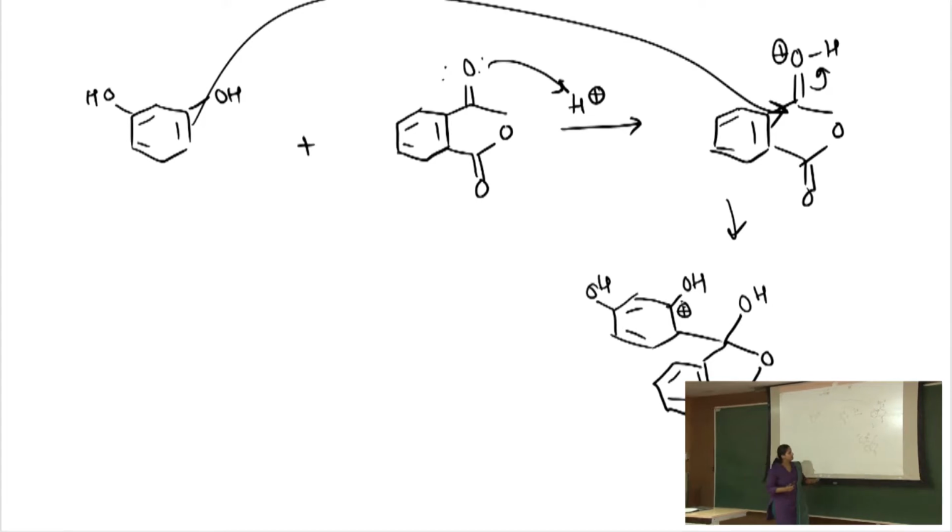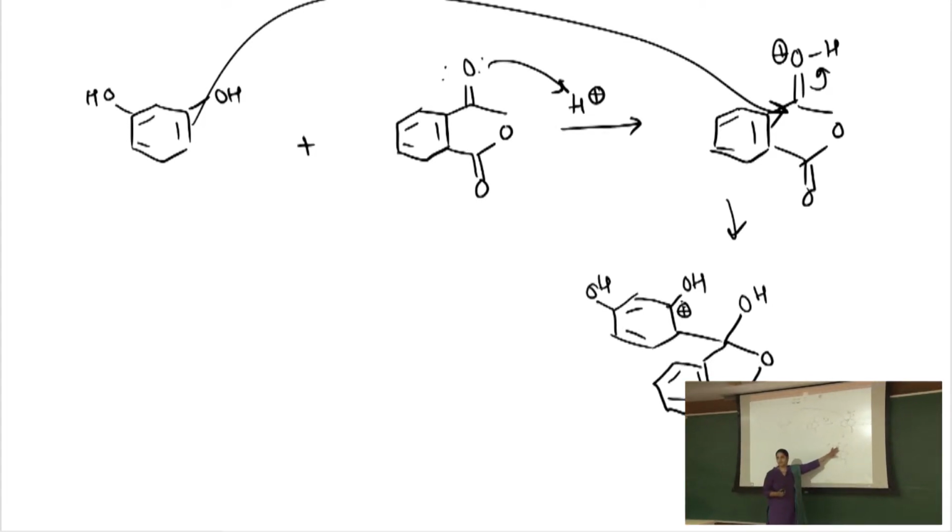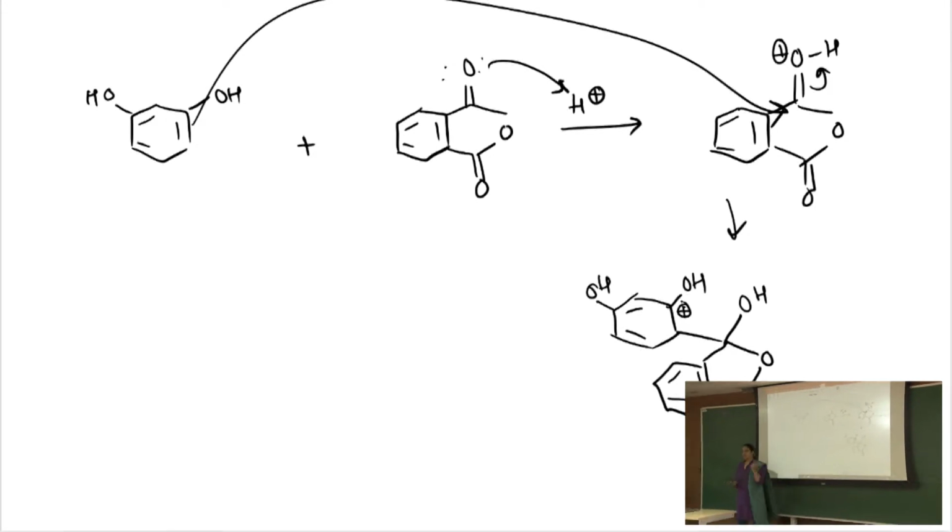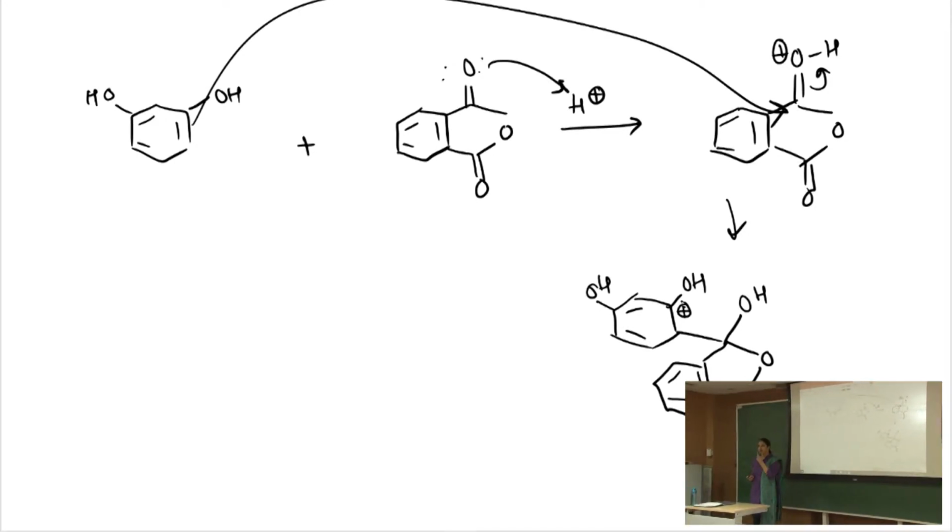So, there is a positive charge, right, which we do not like much, right. This is a non-aromatic system. So, from aromatic system we have gone to a non-aromatic, right. So, it is not good. It does not want to stay like that. What happens in an electrophilic aromatic substitution reaction as the second step?